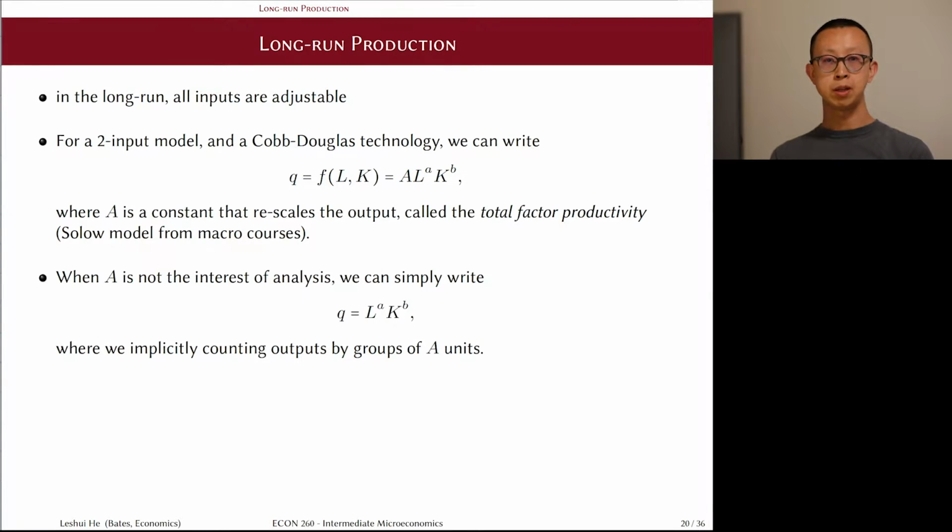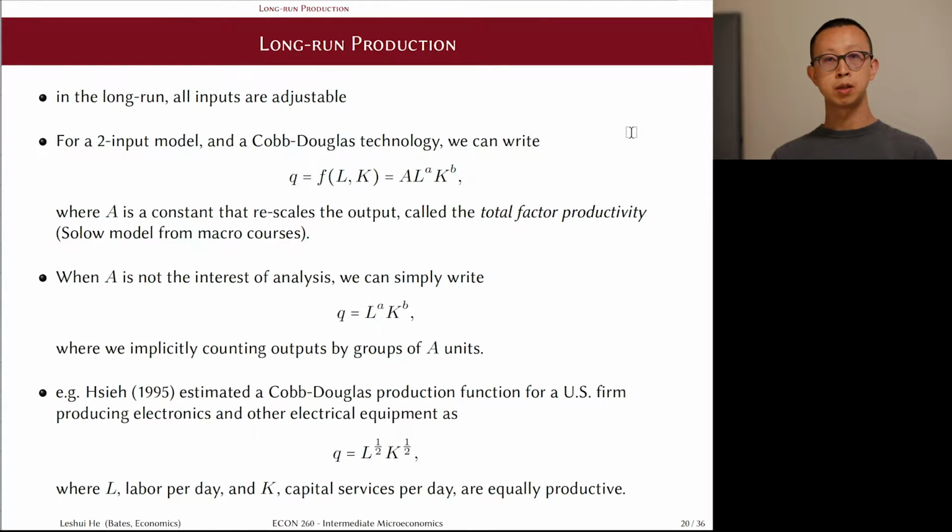When we're primarily interested in the role of inputs, we can ignore this constant of big A and simply write the output is equal to labor raised to the power of little a and capital raised to the power of little b. By doing this, we're just counting the outputs by groups of A units. The Cobb-Douglas production function is widely used in applications.